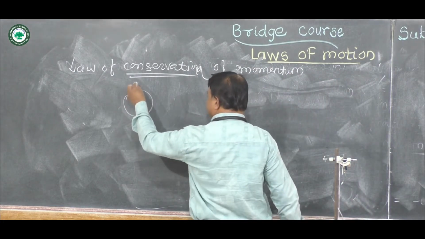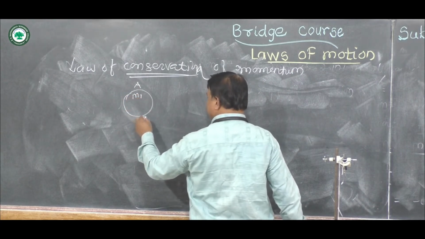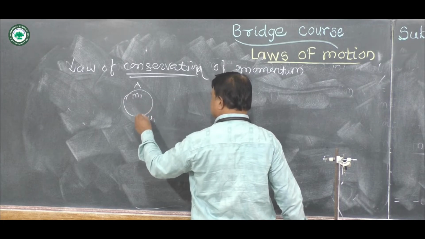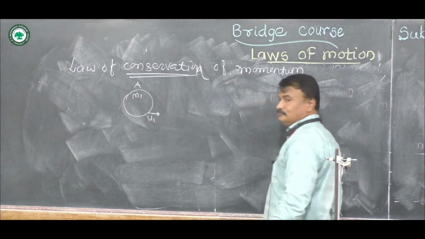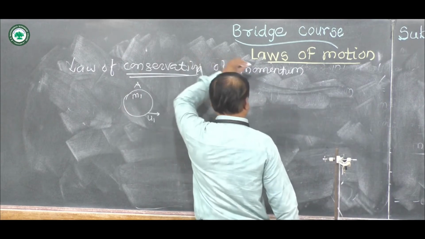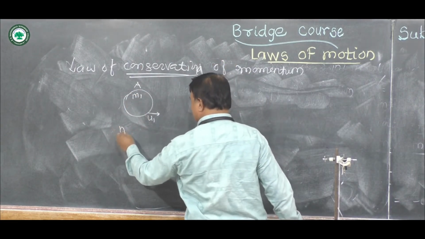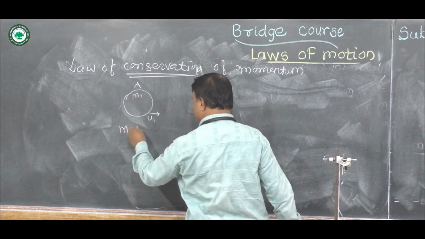This is body A of mass m1 moving with velocity u1 in this direction. Then its momentum is given by, according to the formula of momentum, product of mass and velocity. So momentum of body A is m1 u1.